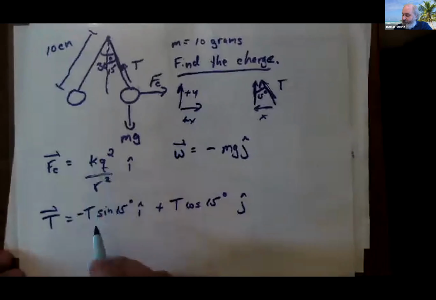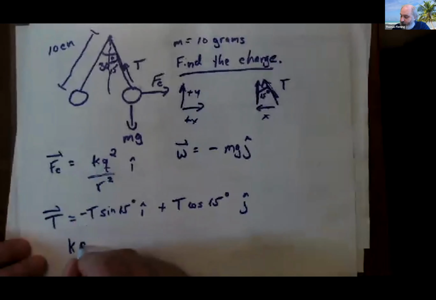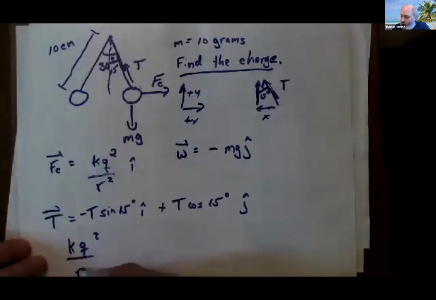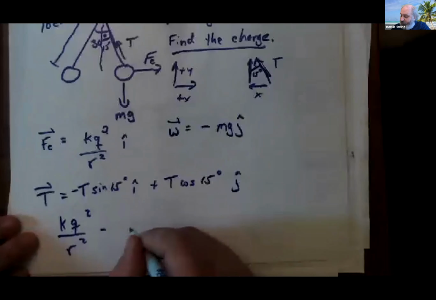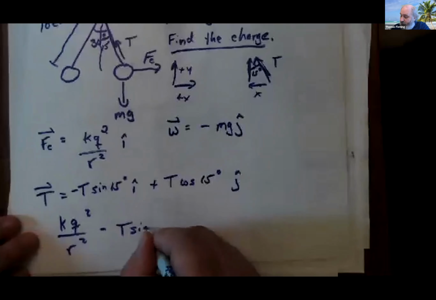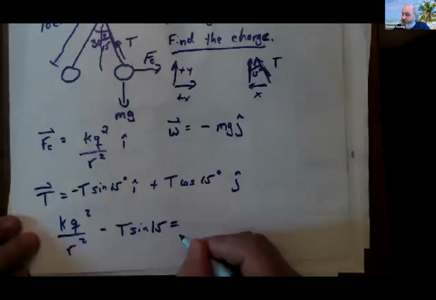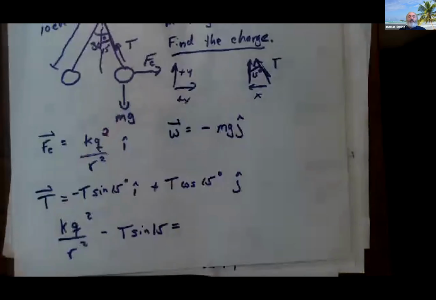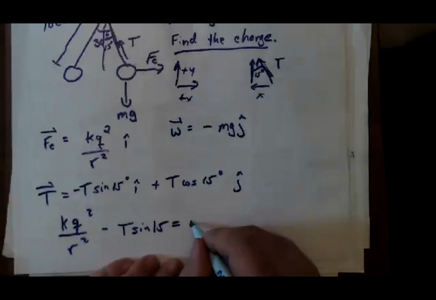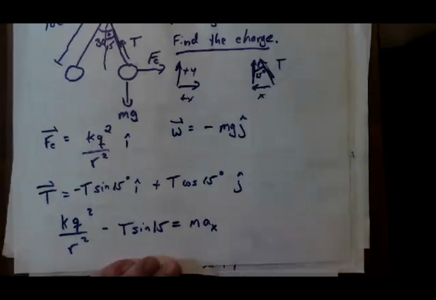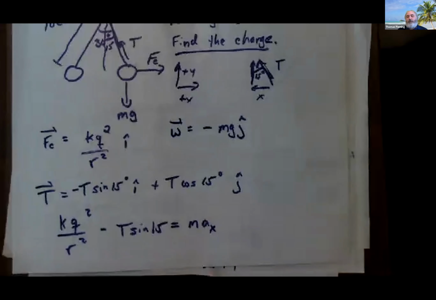So this plus this, so k q squared over r squared minus T sine of 15 equals the mass of this thing times the acceleration of this thing in the x direction. What's the acceleration of this thing in the x direction going to be, though? Say that again. So we know this is going to be F, equals ma in the x direction. But what's the acceleration going to be in the x direction?